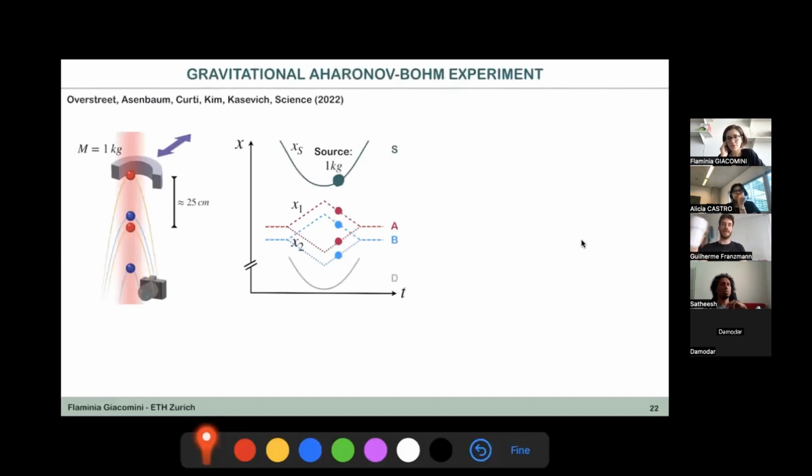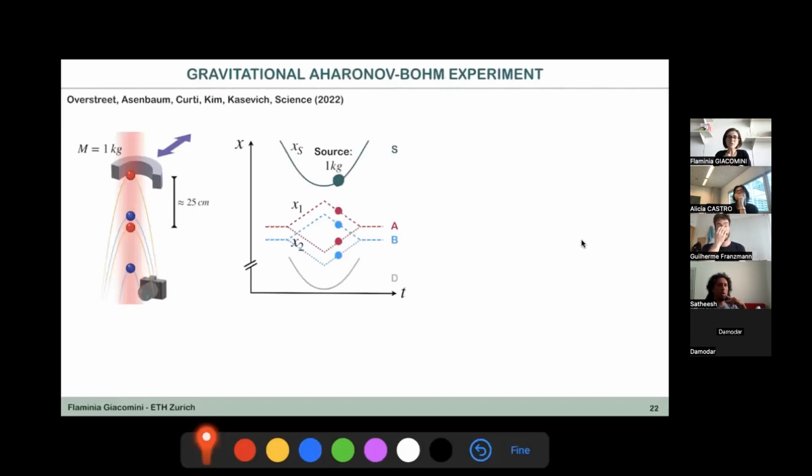This is an atom interferometer that has been done at Stanford in the group of Mark Kasevich, and it's from last year. An atom interferometer is an interferometer like the ones that I described. In this case, it is placed vertically in the gravitational field of the Earth. You have to imagine a cylinder that is 10 meters high, and at the bottom of the cylinder there is a source that shoots atoms up.